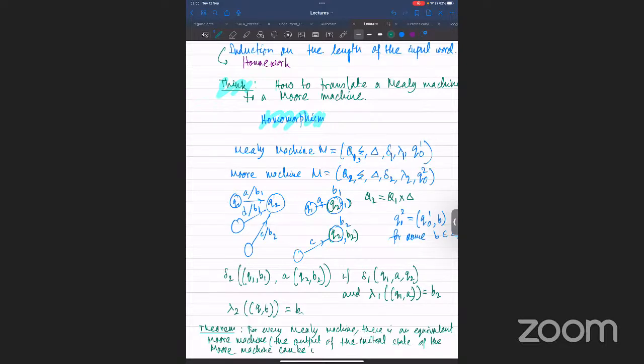So this is just a technical thing, right? The first output of the initial state you can just ignore. So modulo that, they are equivalent.